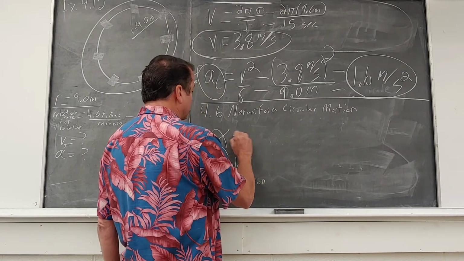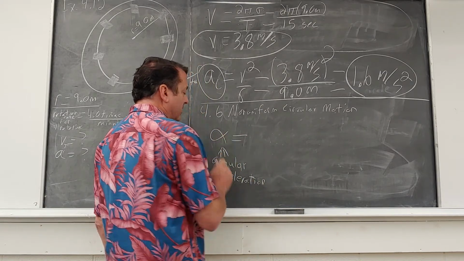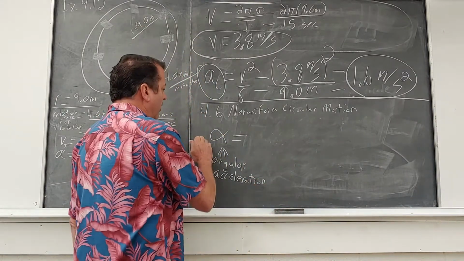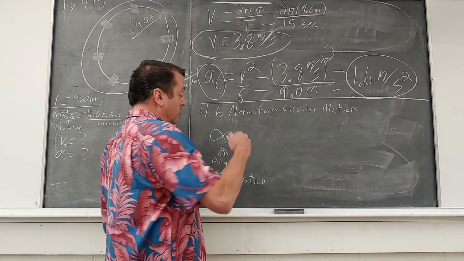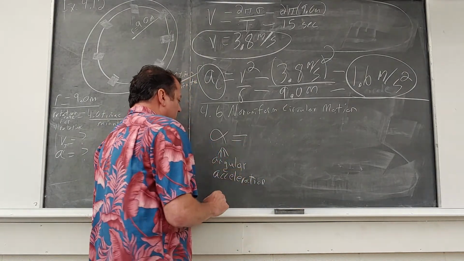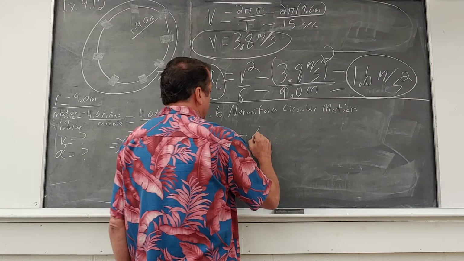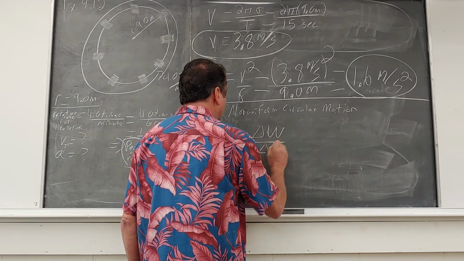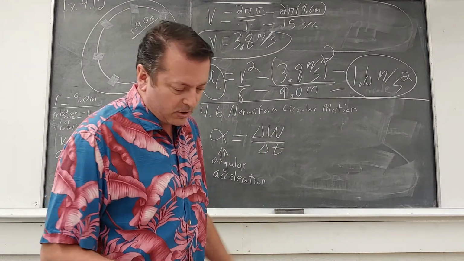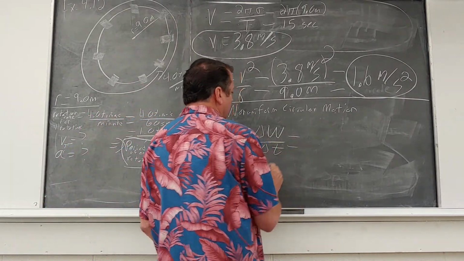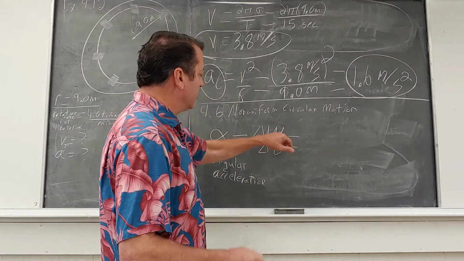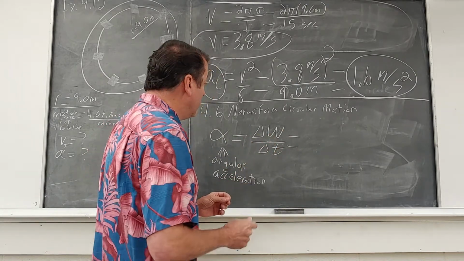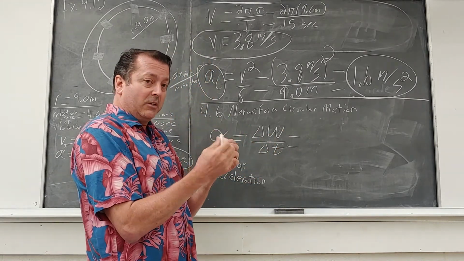This angular acceleration alpha is the Greek letter alpha. That angular acceleration is going to be the change in omega over the change in time. Or from a calculus perspective, in the limit as these deltas get really, really small, you can't really see this change, but you know it's there.